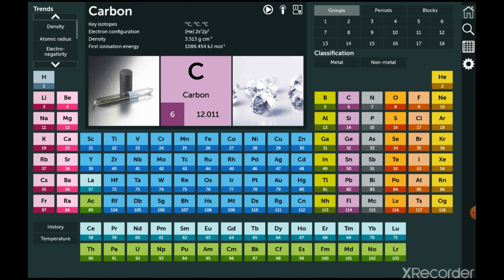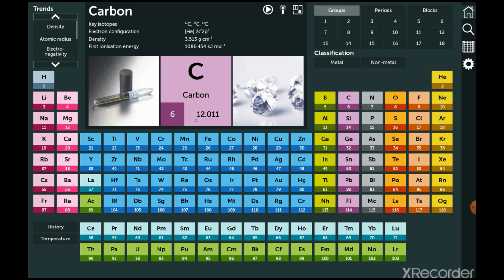When you look at an element on the periodic table, it normally has two different numbers. This number here is defined as the atomic mass of the carbon atom. It's measured in atomic mass units, and it can also be known as grams per mole. So it's the grams of carbon per mole.